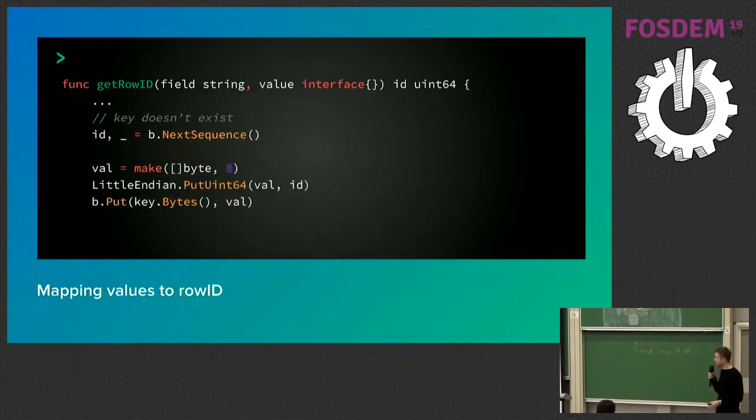If it doesn't exist, we take the next available row ID, calling next sequence, and we once again encode it to little endian format, put it in a bucket in Bolt DB, and of course return from the function. So this is basically how it works. A similar function gets the location from a column ID. Instead of encoding, we decode column IDs to get the location.